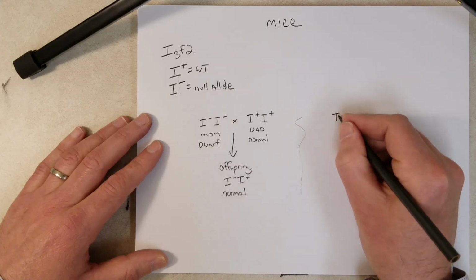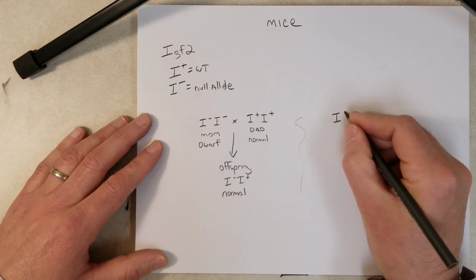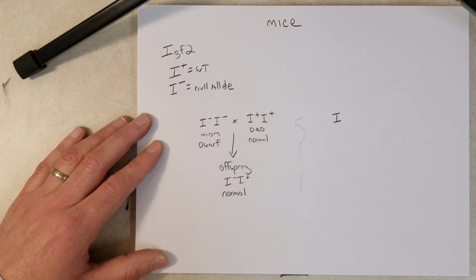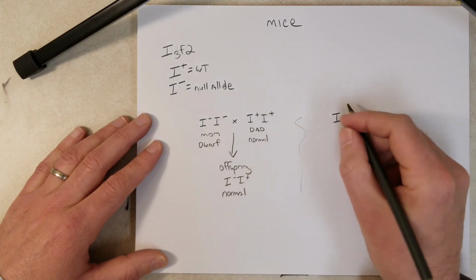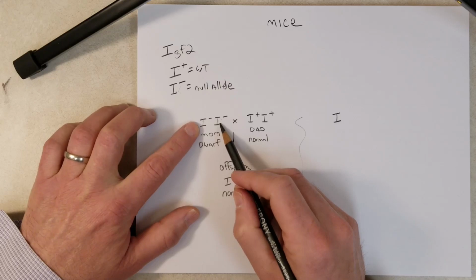So how about if we do the reciprocal cross? This is a term we saw in previous lectures. The reciprocal cross is where we exchange the genotype with the sex. So here the mom was I minus, I minus.